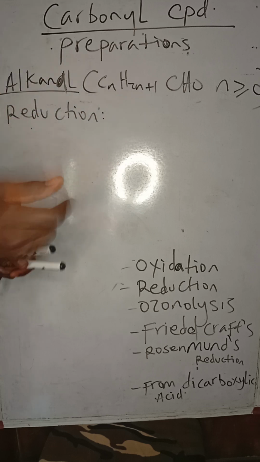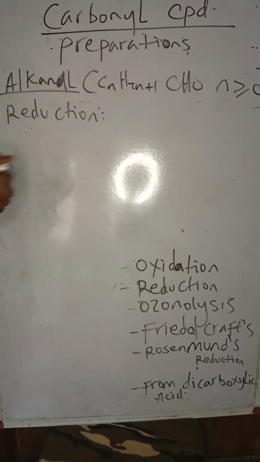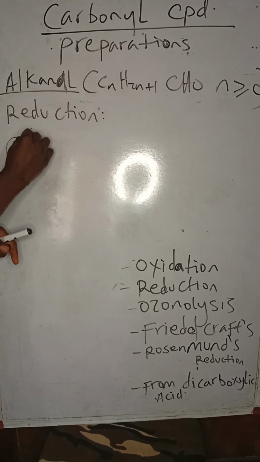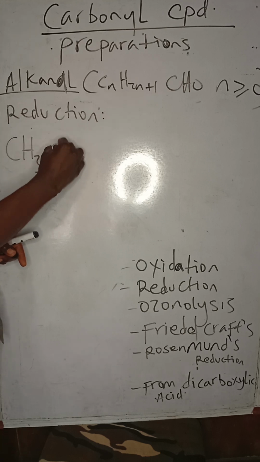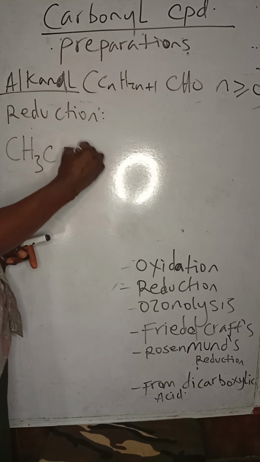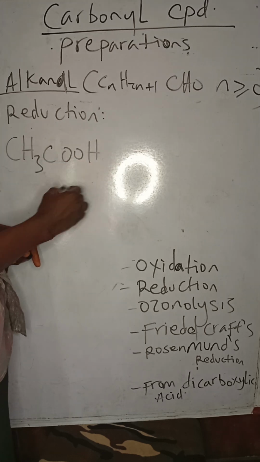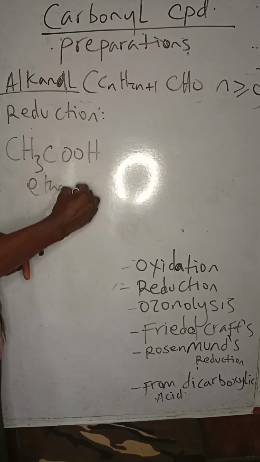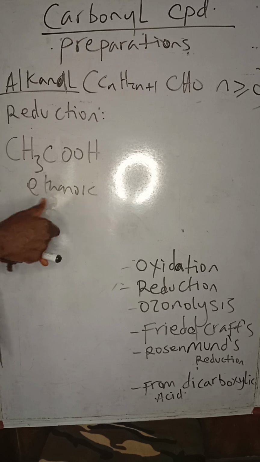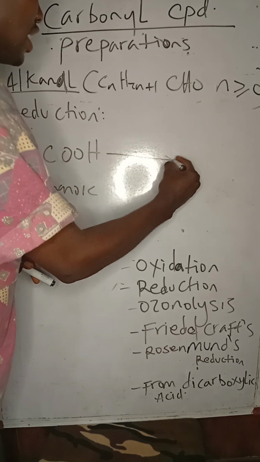Let me use a simple example. Now let's say we use CH3COOH. This is ethanoic acid.